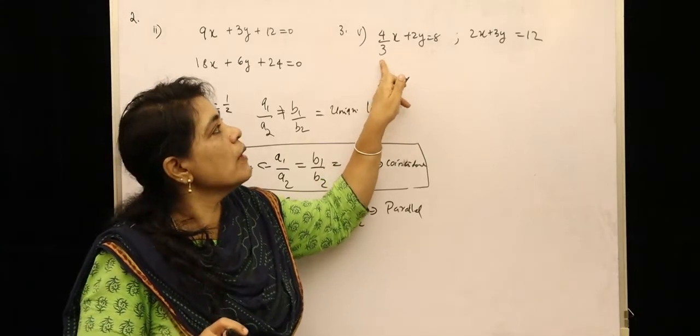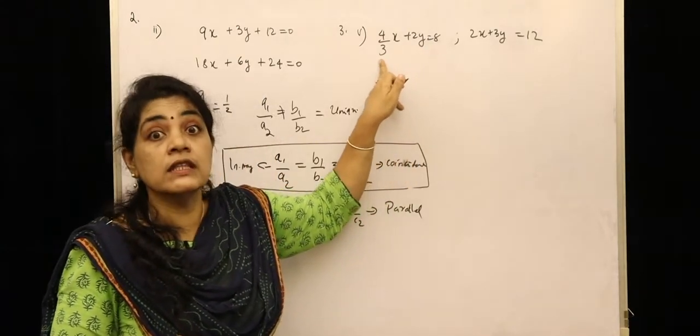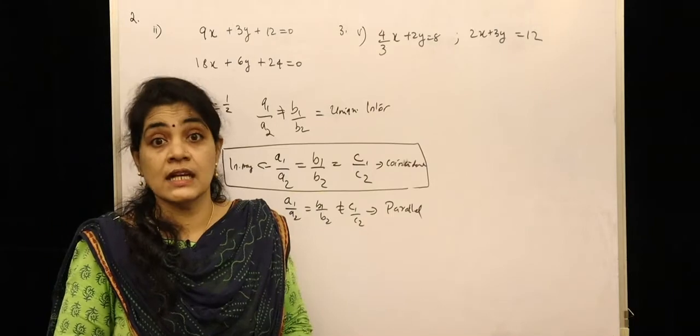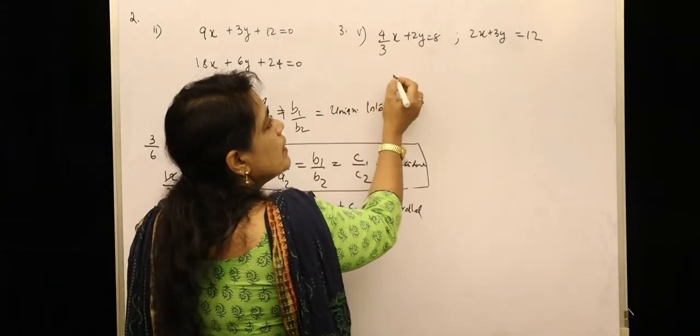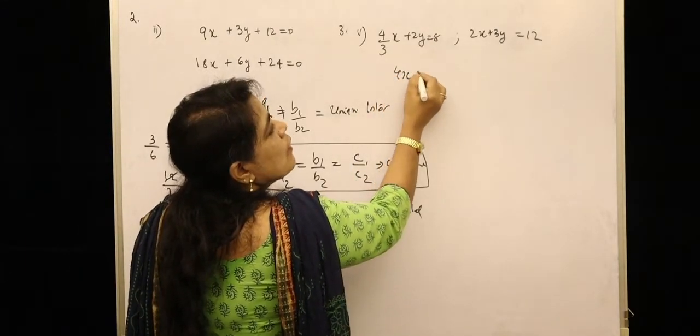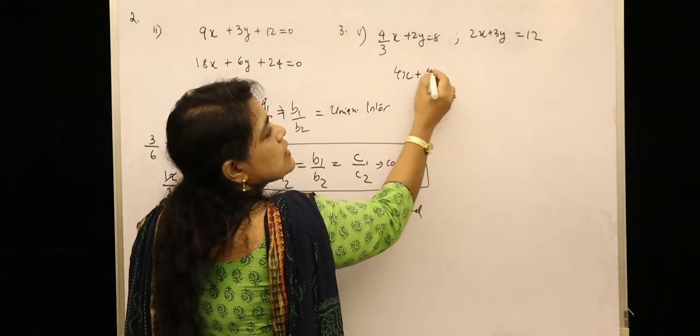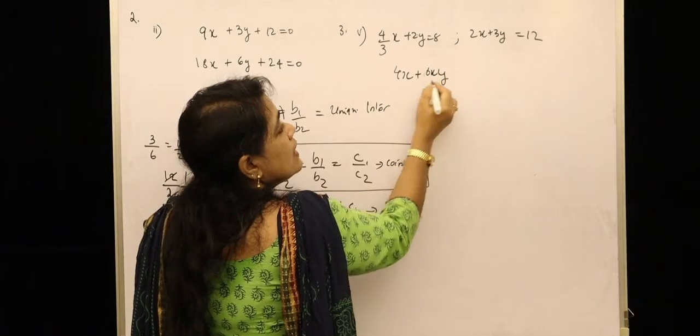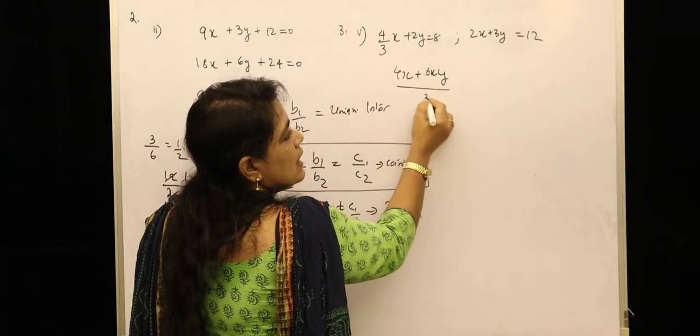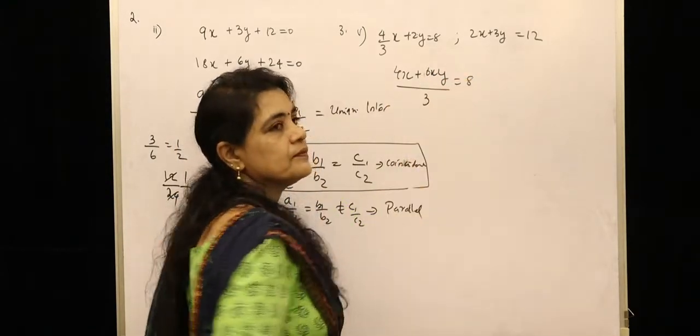That means you have to multiply all the terms with 3 in order to make it general form. For that I am multiplying 4x plus 6y, 3 twos are 6y, divided by 3 equal to 8.